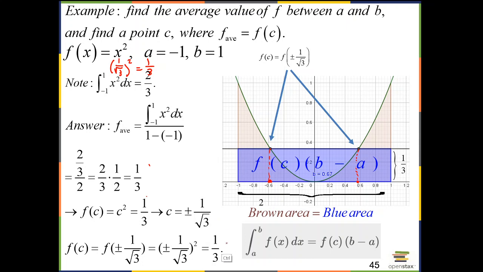And we know f of c is 1/3, so 2 times 1/3 is 2/3. That's exactly the area under the curve. So here you see that the brown area, which is this whole thing, all of that, is equal to the blue area, right? So that's the idea of the mean value theorem for integrals.